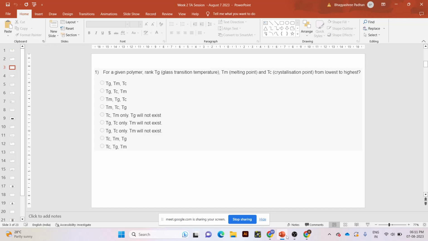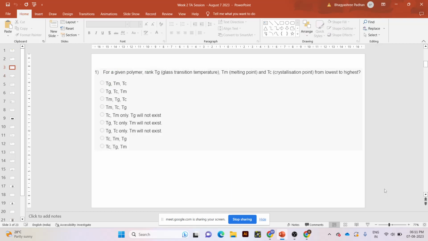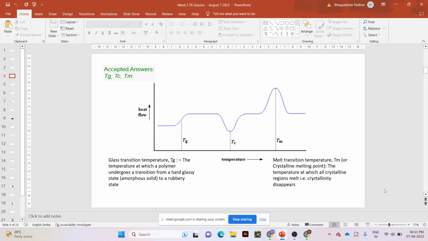Okay, we'll now see the answer. The answer is Tg, Tc, and Tm, that is the second option. I think the first person who answered this was correct. Tg is the glass transition temperature, the temperature at which the polymer undergoes a transition from a hard glassy state to a rubbery state.